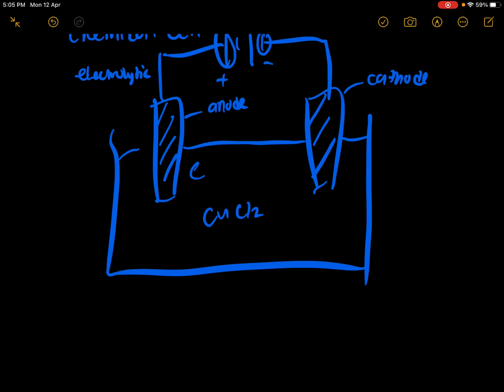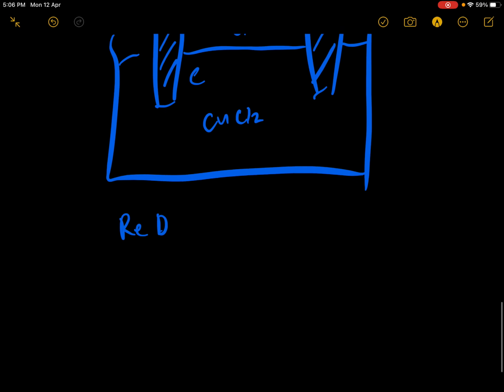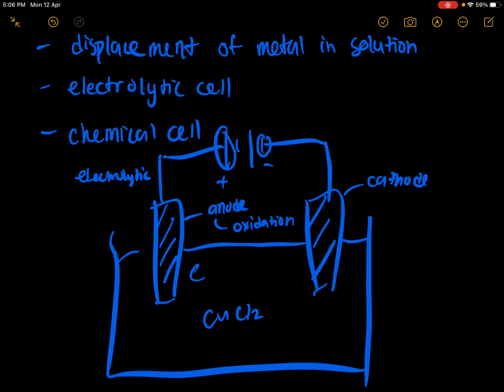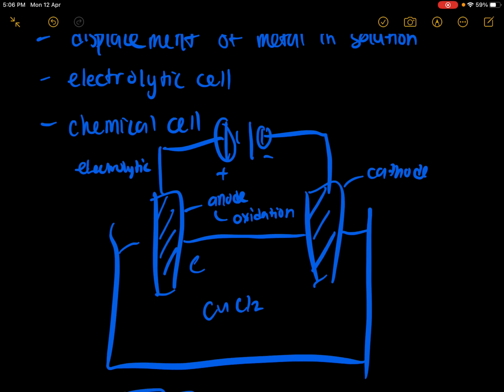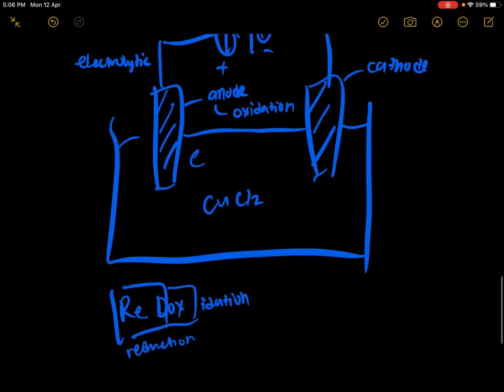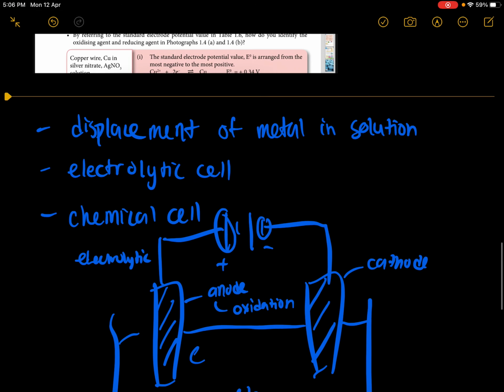So first of all, you must remember that whatever happens in the anode is going to be oxidation, because remember we're still talking about redox. So this is reduction, this is oxidation. A reaction that involves both oxidation and reduction is considered a redox reaction.